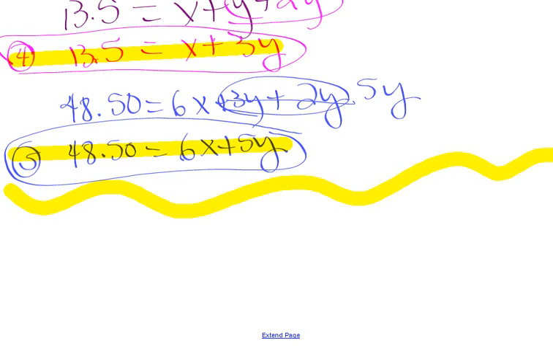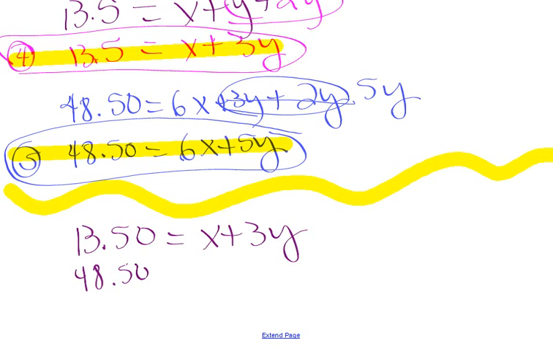So let's do that. So now I'm going to take 13.50 equals x plus 3y, and 48.50 equals 6x plus 5y. Now I want to look at these x's and my y's and see what can I eliminate.